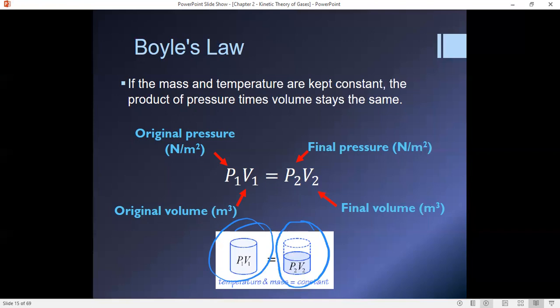Again, if V2 were 1/2 of V1, P2 would have to be twice P1. And this makes sense. As you try to compress a gas, you make the volume smaller and smaller. Its pressure gets larger and larger as more molecules collide with the sides of the wall more frequently. Again, this is Boyle's law.